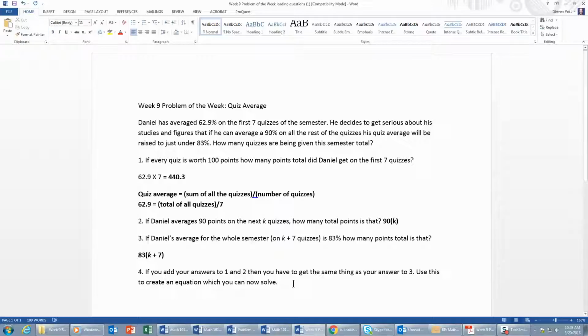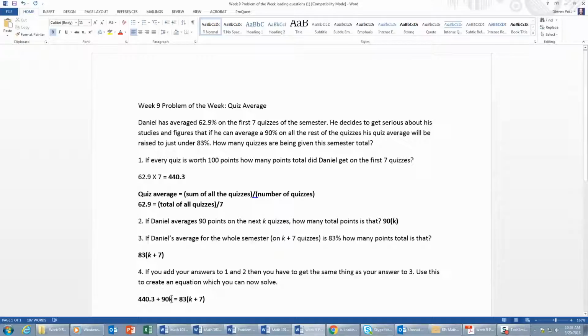So then we get an equation that we can solve. 440.3 plus 90k equals 83 times k plus 7, and that's the equation for the k that we want.